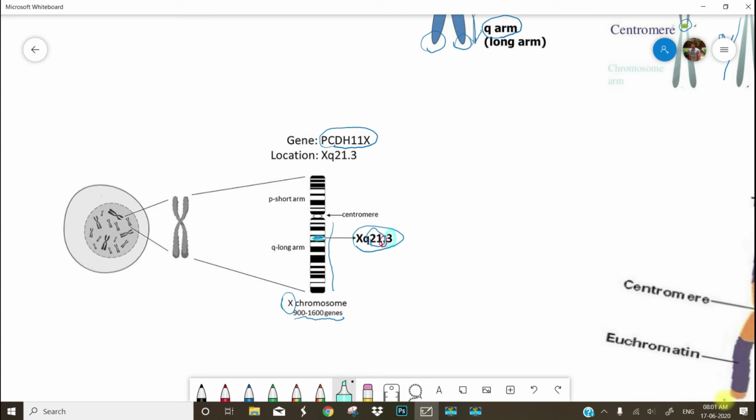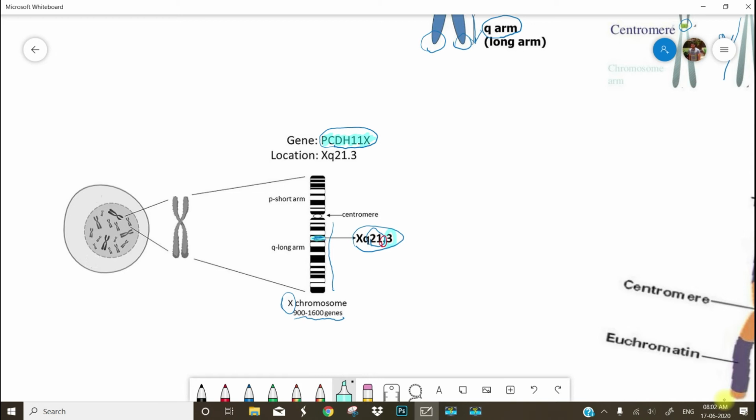So we can interpret this location as: in the long arm of the X chromosome, in the 21st region and third band, you could see a gene which is known as PCDH11X. So it's very simple, but you must know what that Q is, what that region is, and what the digit after the period signifies.